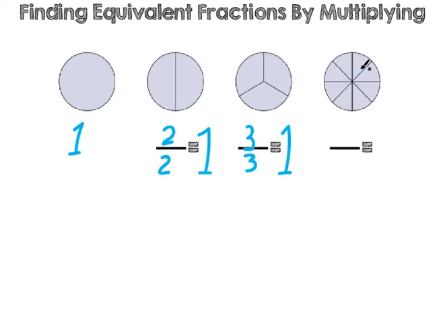Here, how many parts are colored? Perfect. 8 parts. And how many parts are there in all? 1, 2, 3, 4, 5, 6, 7, 8. So 8 parts are colored out of 8 parts.